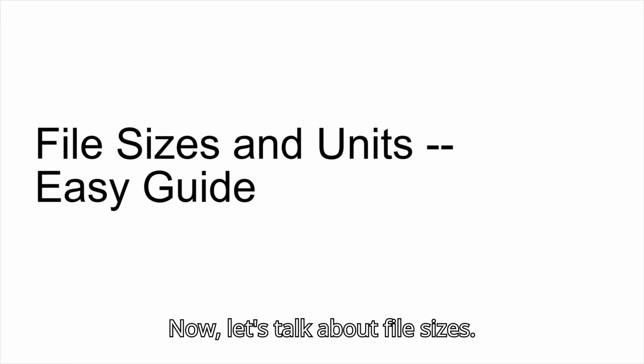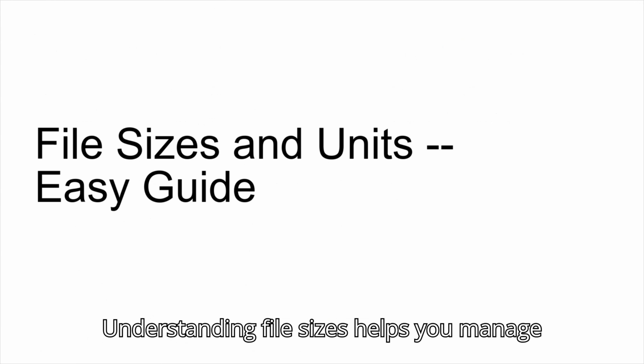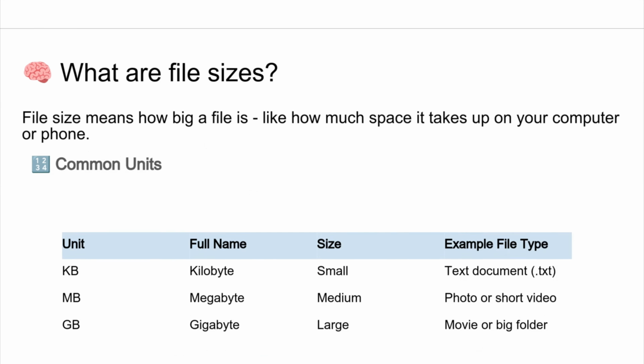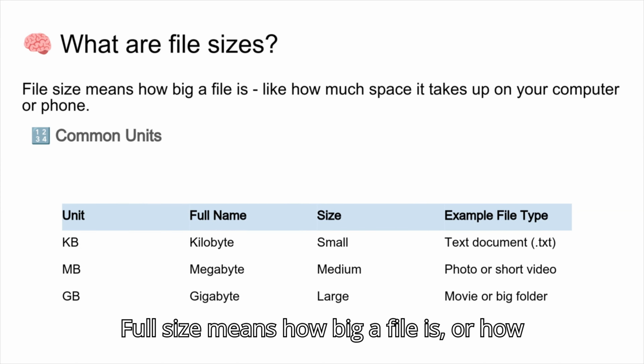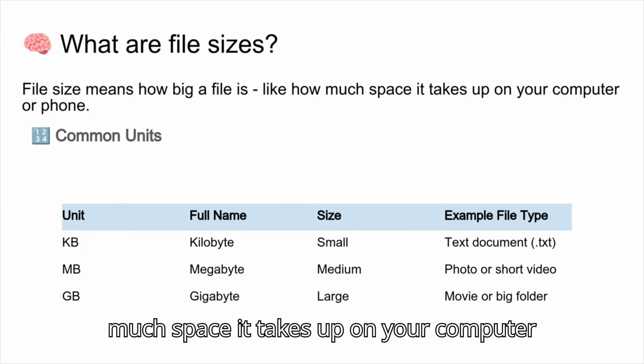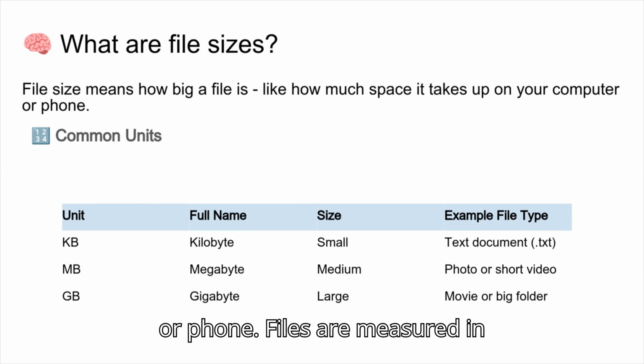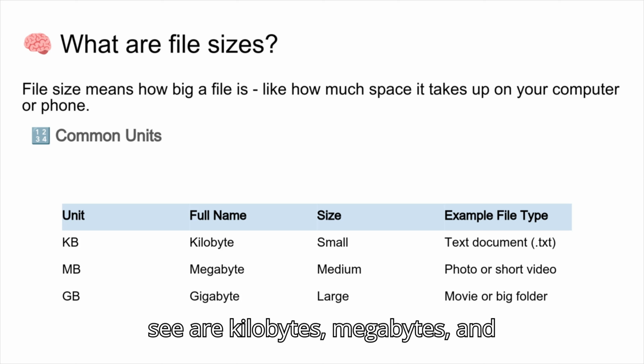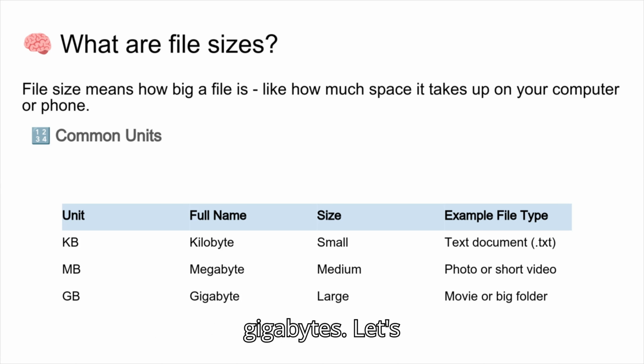Now let's talk about file sizes. Understanding file sizes helps you manage your storage effectively. File size means how big a file is, or how much space it takes up on your computer or phone. Files are measured in units, and the most common ones you'll see are kilobytes, megabytes, and gigabytes. Let's break down these units.